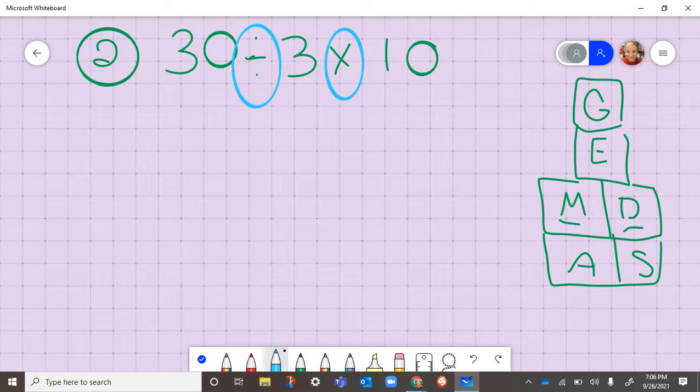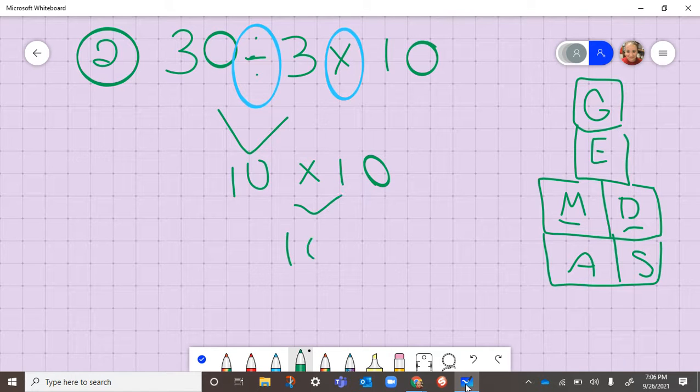So 30 divided by 3 is 10, because I know that 10 times 3 is 30. Then I bring down my times 10, and that equals 100. So number 2 should have been 100.